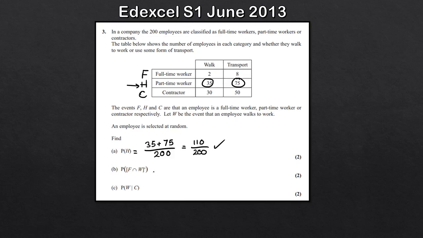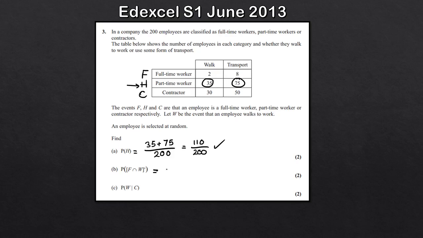Now, part B looks rather complicated, but it's honestly not too bad. What we're looking for here is the probability of F intersection W, but we want the complement of that. F intersection W is a full-time worker who walks, but we want everything other than them. So how do we find that?